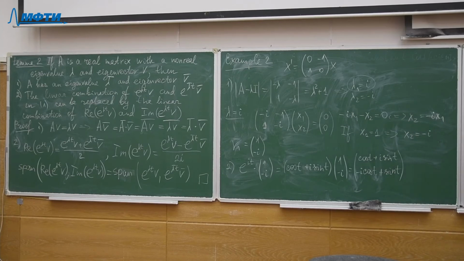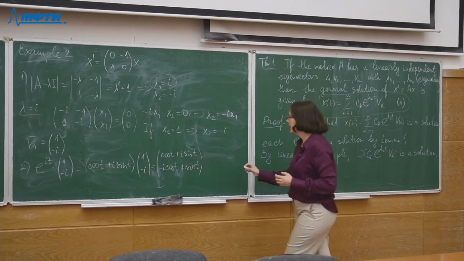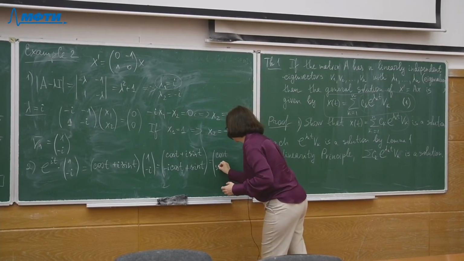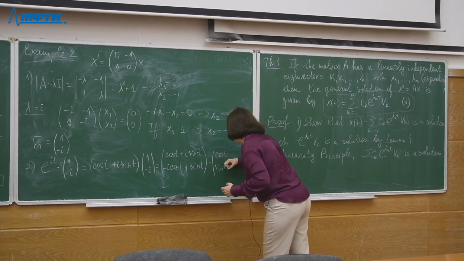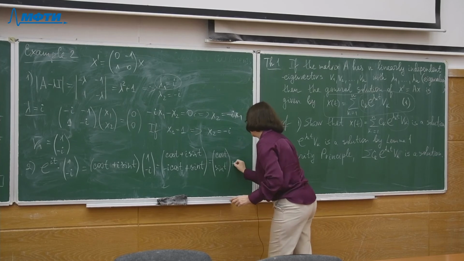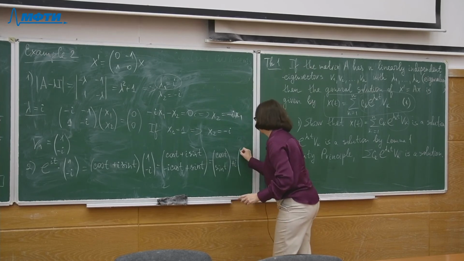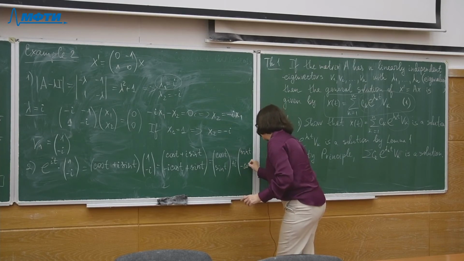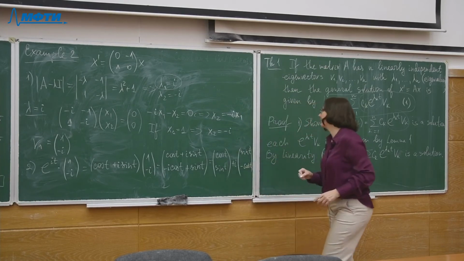And next, we should split this vector into real part and imaginary part. It is equal to (cos t, sin t) plus i multiplied by (sin t, minus cos t). Is it clear?